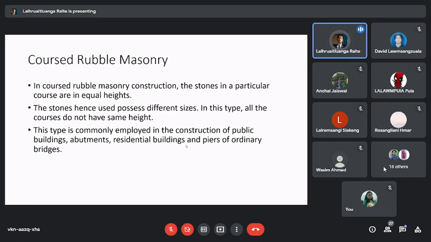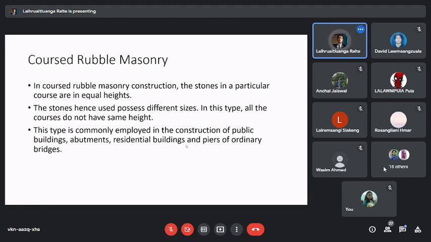But when it comes to rubble masonry, one course can be multiple layers of stones as well. It's just that that particular course is made up of multiple layers of stones, and they work as one monolithic course.